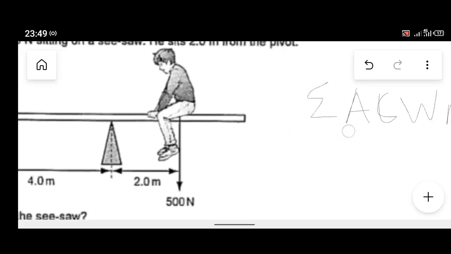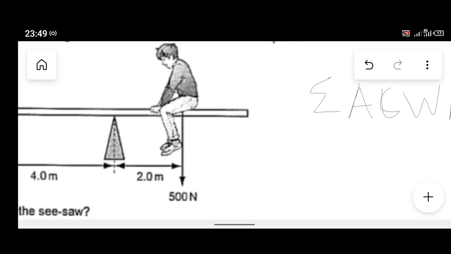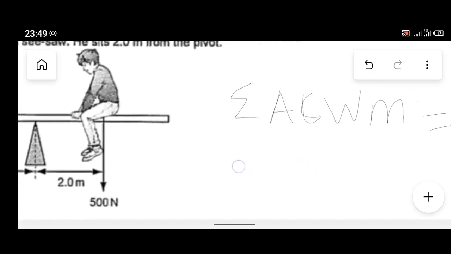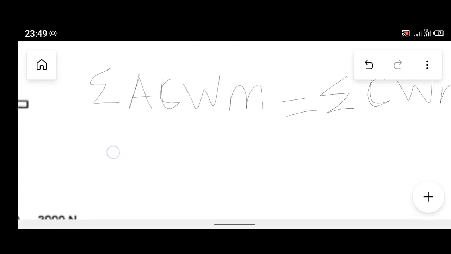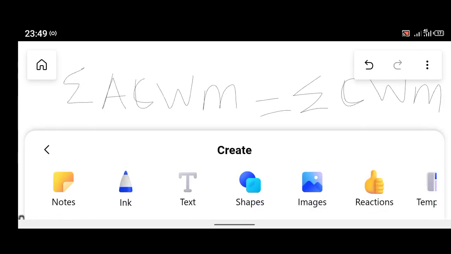So from the diagram there, on the right hand side, that's our clockwise moment. Then on the left hand side, that's our anti-clockwise moment. And we know that moment is equal to the force times the perpendicular distance from the pivot.